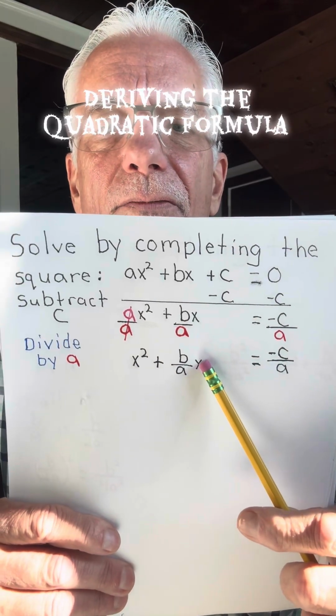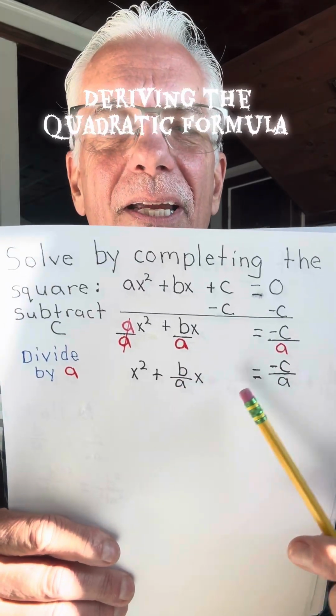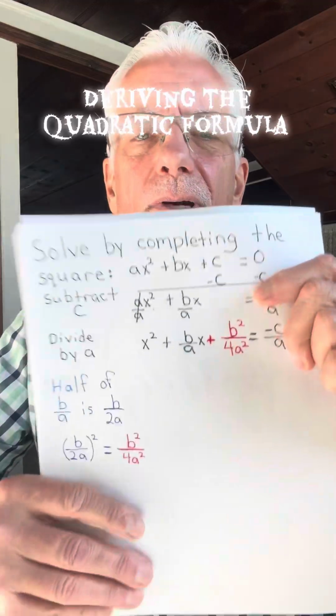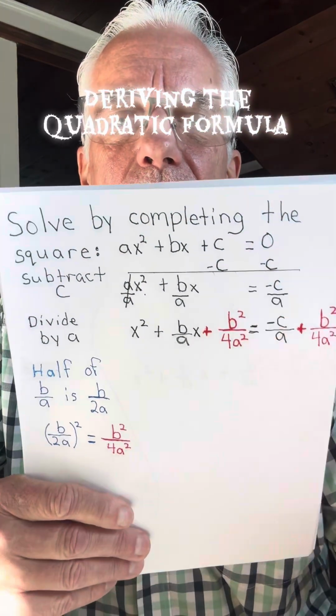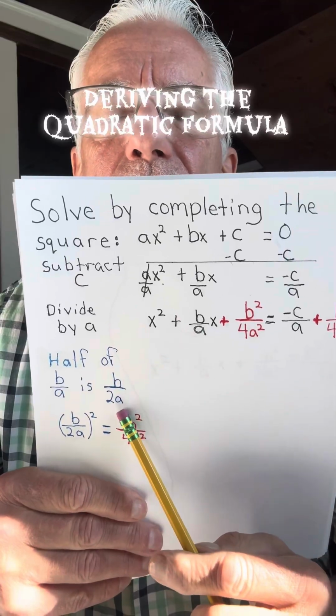I put the x out in front, so here's the number that we're going to take half of in just a minute, equals opposite c over a. Okay, so now half of b over a is, we just put a 2 in the denominator. That's why I wrote that 2 right there. So half of b over a is b over 2a.